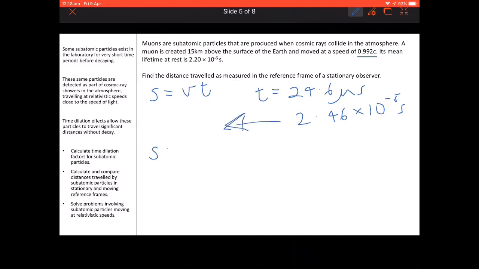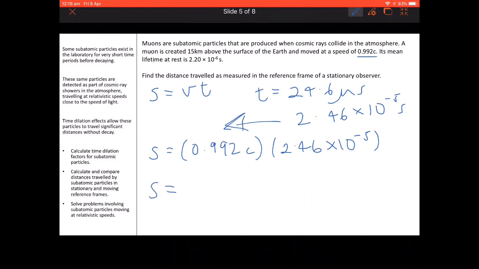That's going to be s equals 0.992c by 2.46 times 10 to the negative 5. So in your calculator you'll put 0.992 times 3.0 times 10 to the 8 times 2.46 by 10 to the negative 5.